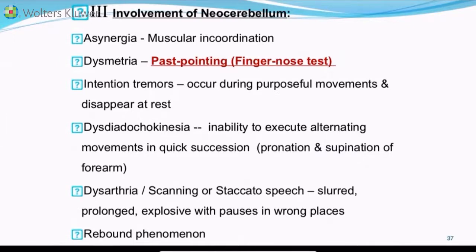Rebound phenomenon is a very different kind of phenomenon where the patient is unable to check the action of agonist muscles by the corresponding antagonist muscles. Supposing you have your biceps, the flexor, and triceps, the extensor of elbow. To what extent the biceps is contracting, the triceps will know, because the next movement is going to be triceps.